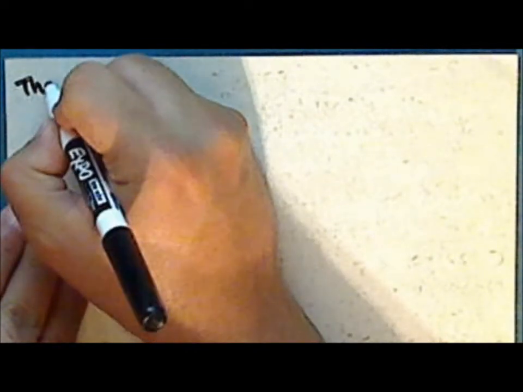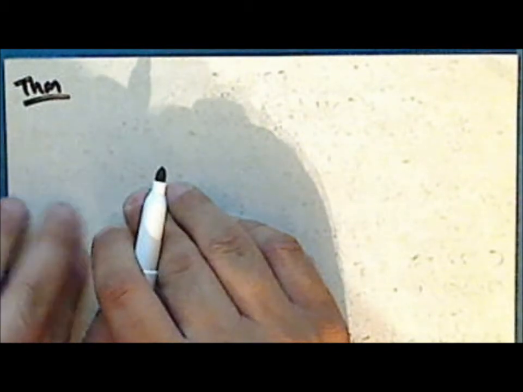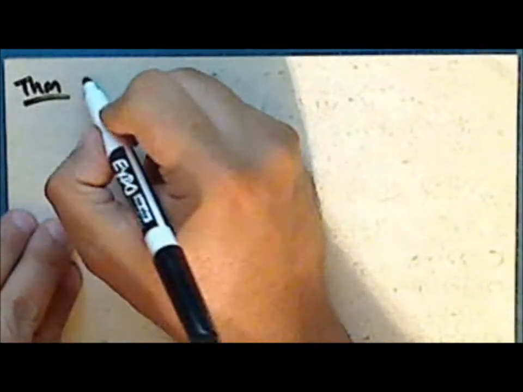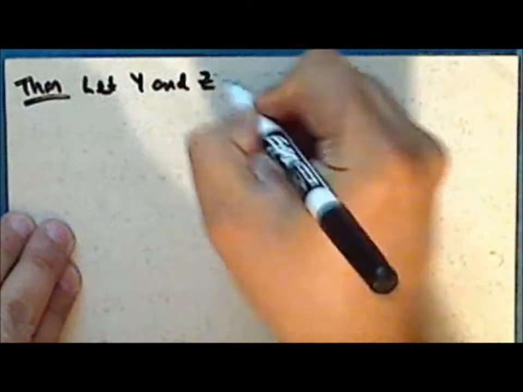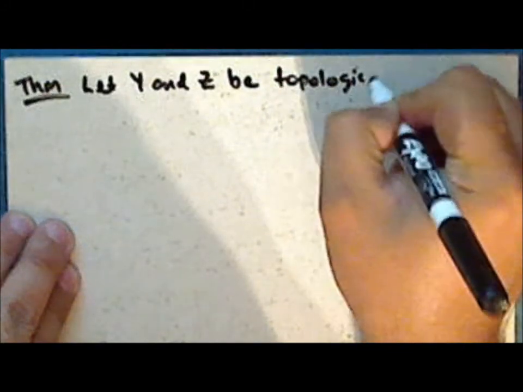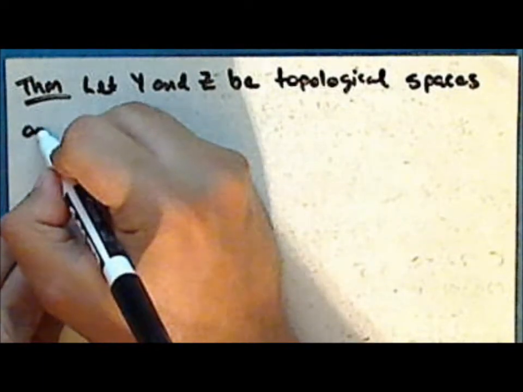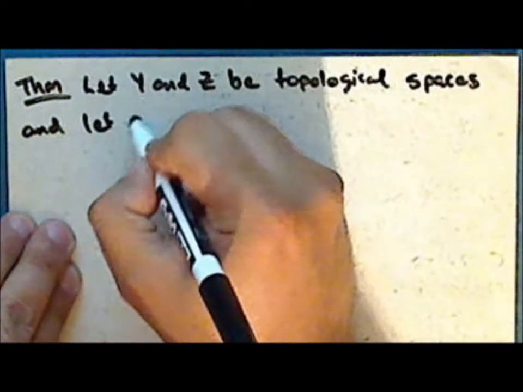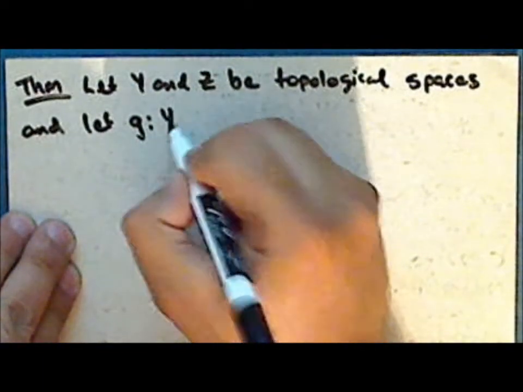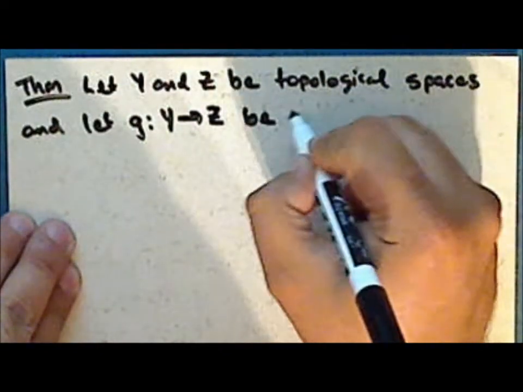Okay, so let me quickly remind you of the statement of the theorem that precedes the one of interest, since we're going to use it in the proof of the theorem of interest. Let Y and Z be topological spaces, and let G, being a map from the space Y into the space Z, be continuous.